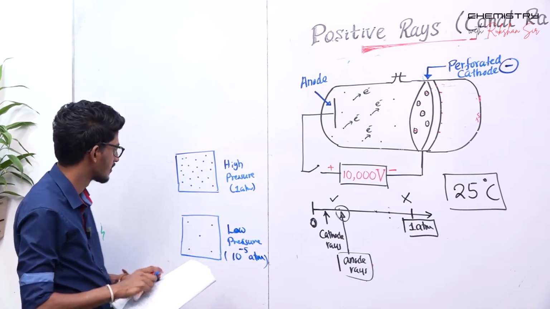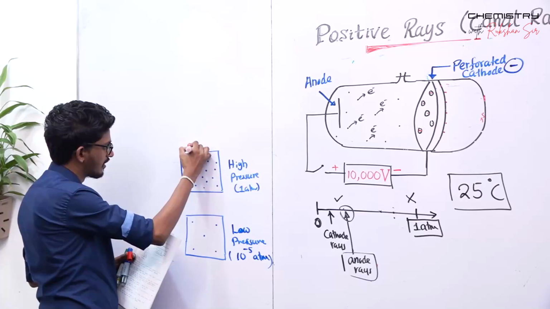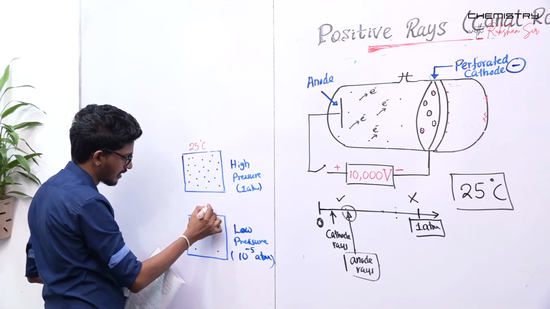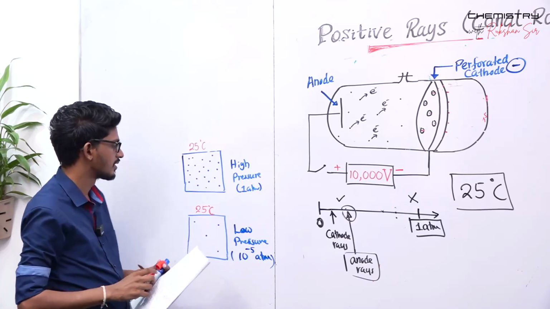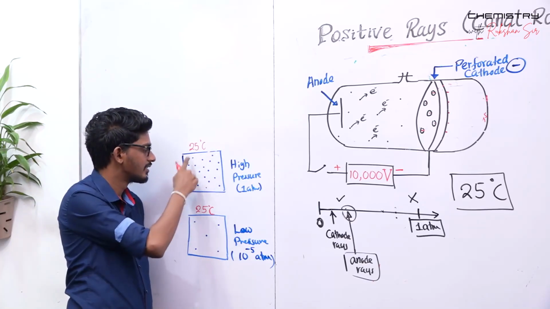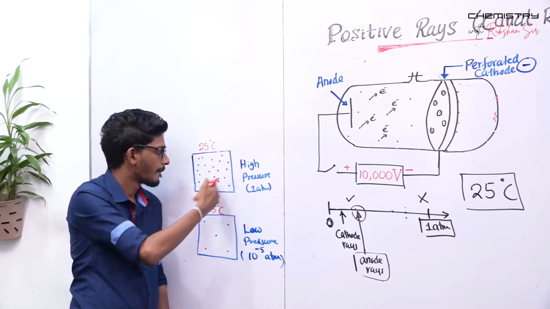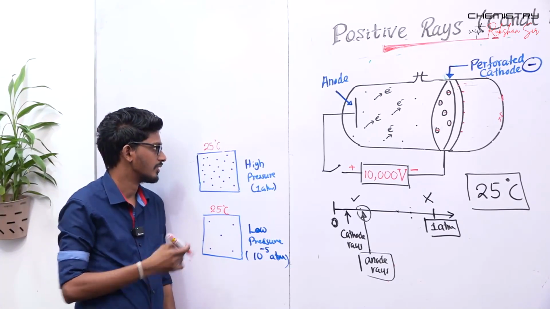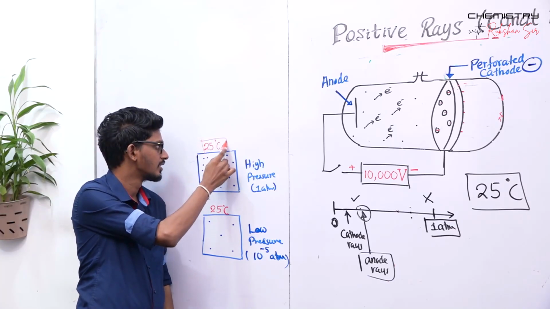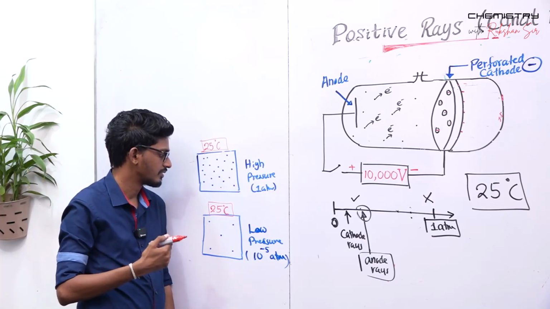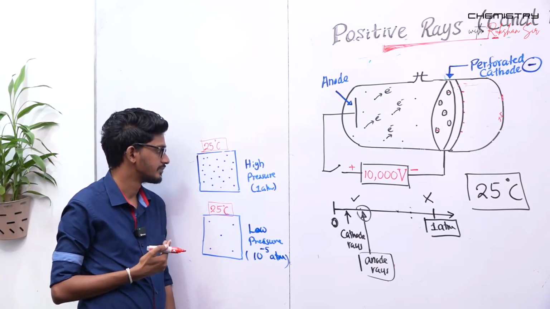Let's say both of the systems are at 25 Celsius temperature. So 25 Celsius temperature means in that system there is some thermal energy. Temperature is there means some thermal energy is there.